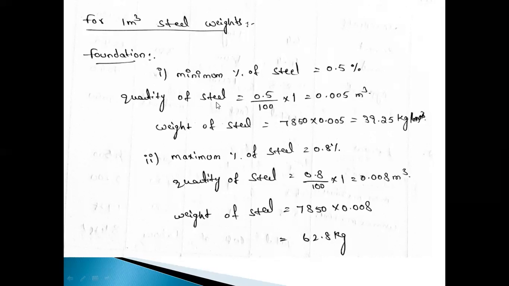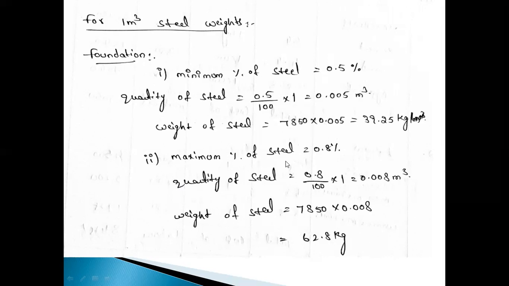So first one, quantity of the steel 0.5 divided by 100 into 1 cubic meter equal to 0.005 cubic meter. Next, weight of the steel per 1 cubic meter equal to unit weight of the steel into quantity of the steel. 7,850 into 0.005 equal to 39.25 kgs. This is for 1 cubic meter.